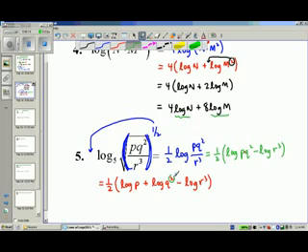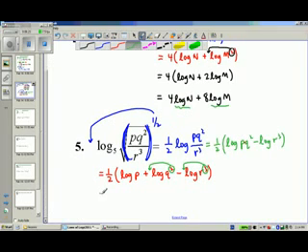And now when I look at this, I see this power and this power that can come out in the front. So that'll give me 1/2 log P plus 2 log Q minus 3 log R.